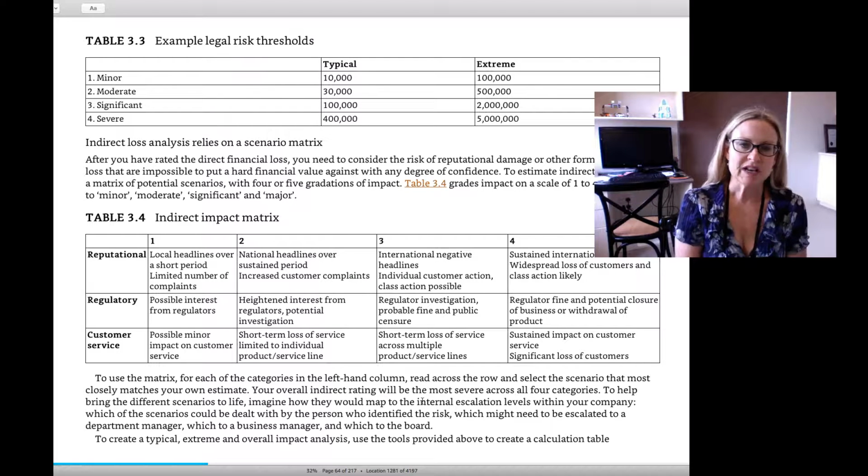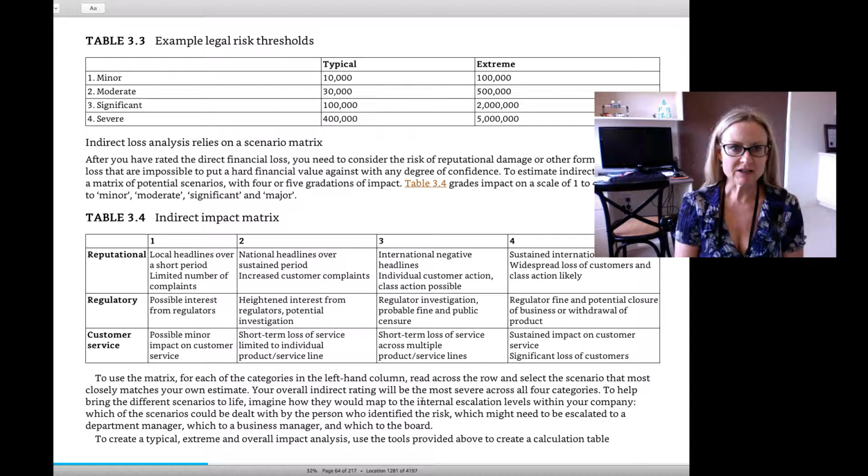So here we've got the tables all filled out for their scenario matrices, and up the top you've got the financial consequences of that risk occurring, and in the middle there you've got the indirect reputational, as I said before, or regulatory customer service losses that could flow from that same risk.